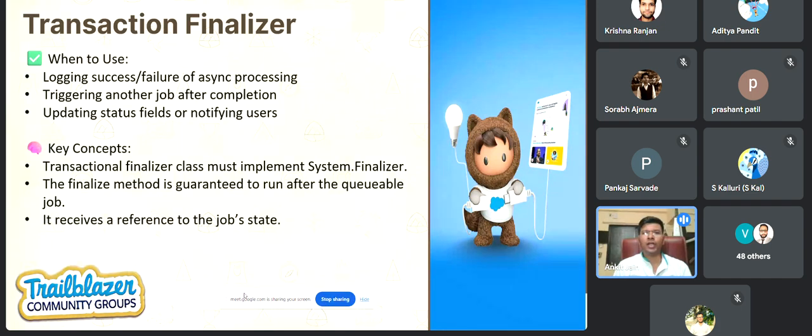See, what happens is, suppose you're using Queueable, and in Queueable you're doing some processing. Now suppose after the particular job is done, you want to trigger another job. Let me think of a very practical example.